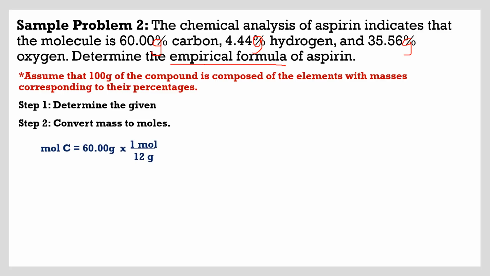For carbon, we have 60 grams times 1 mole divided by the atomic mass of carbon, which is 12. So 60 times 1 divided by 12 is equal to 5 moles. Cancel grams.